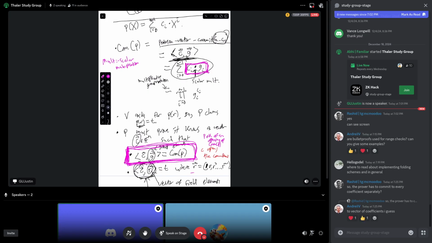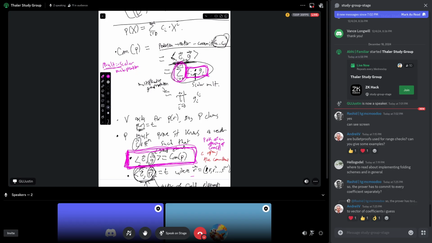But the commitment then munges them all together into a single group element via the group operation. That's what multi refers to. So the commitment to the big vector C is just a single group element.